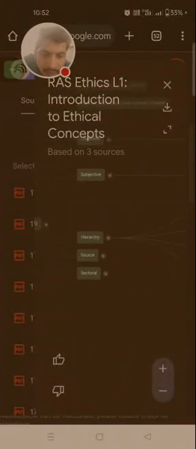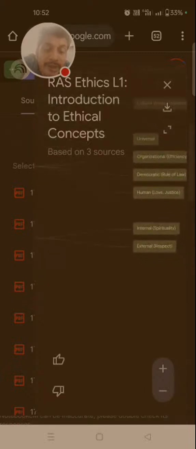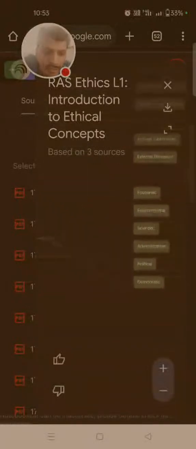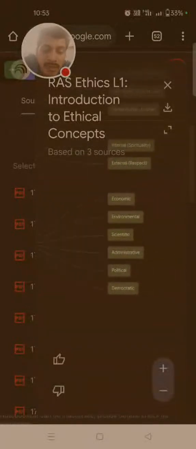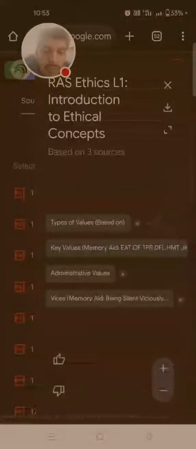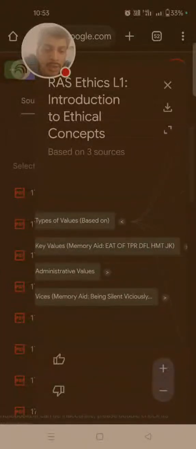Then the sources of values: internal sources, based on morality and spirituality, and external sources, based on ethics and respect. Then sectoral values: economic, environmental, scientific, administrative, political, and democratic values. Then the key values, with a memory aid.